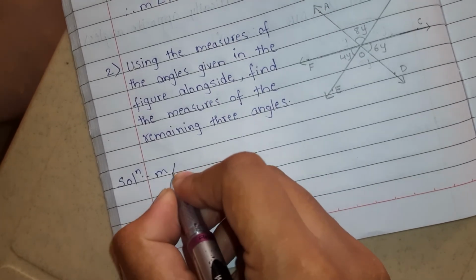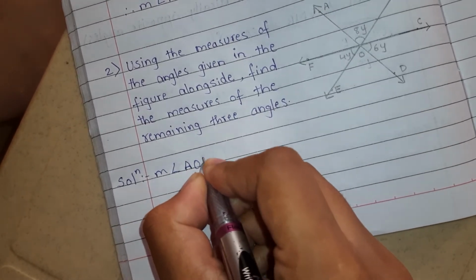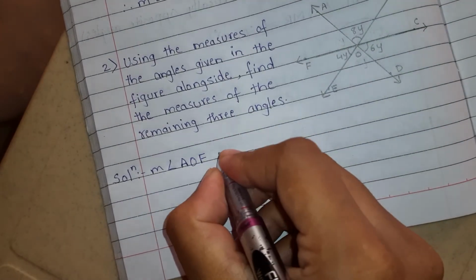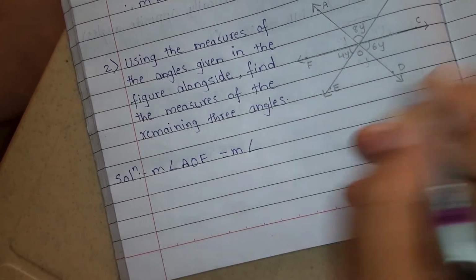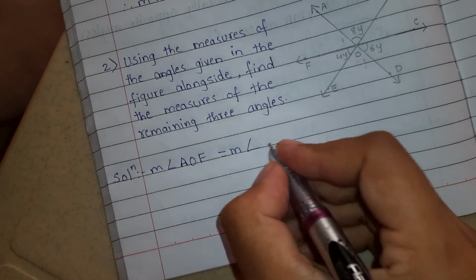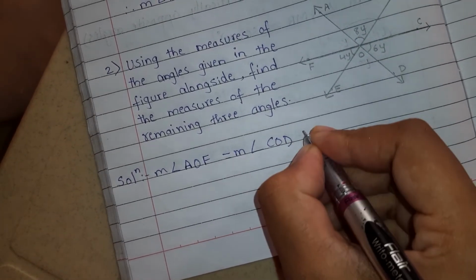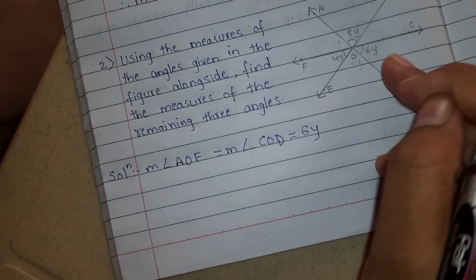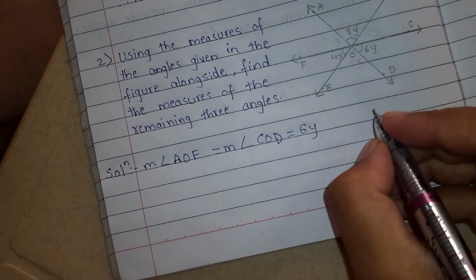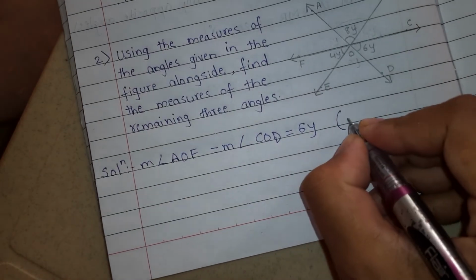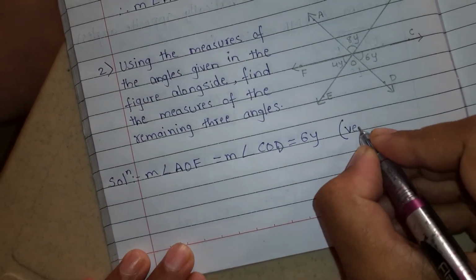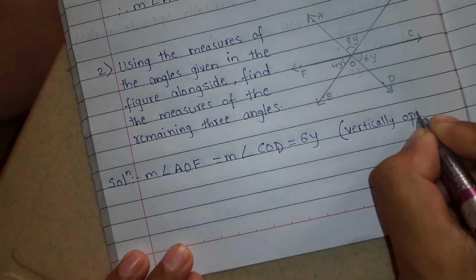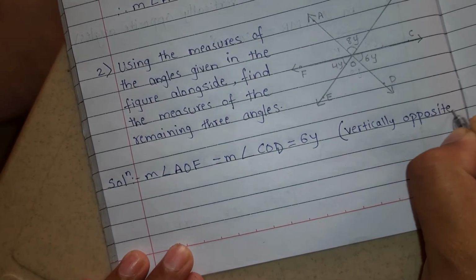Measure angle AOF is equal to measure angle COD, which is equal to 6y. COD is 6y. So AOF is also 6y. What is the reason of this? Vertically opposite angles.